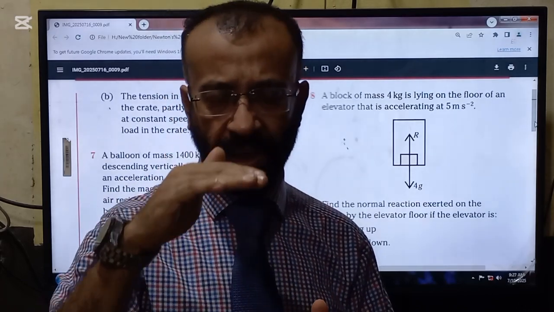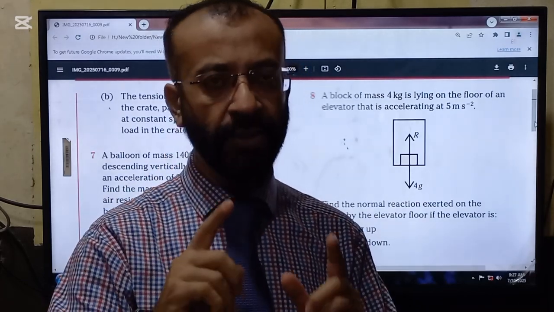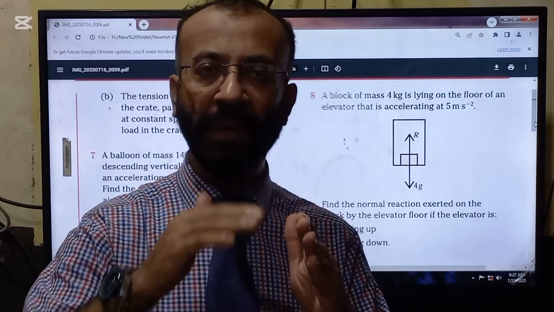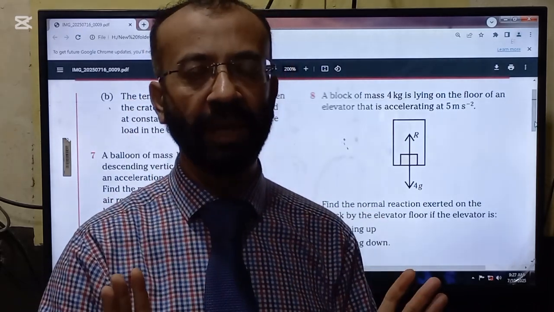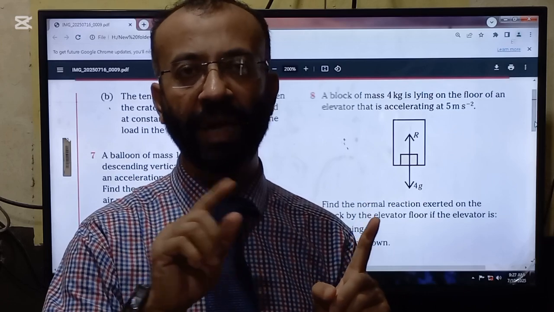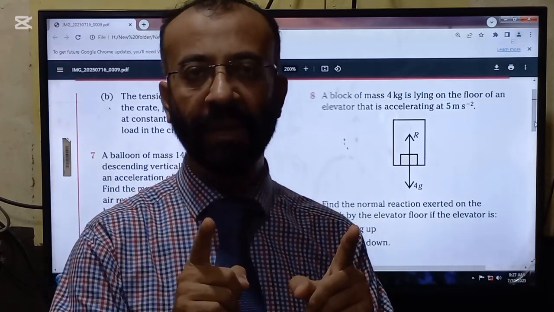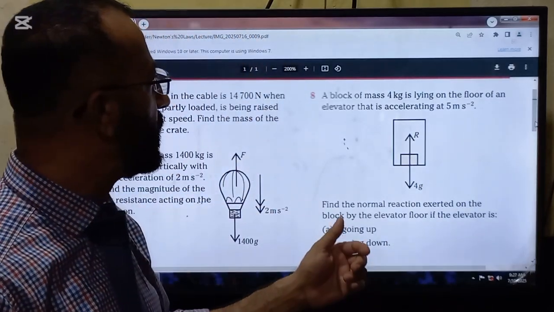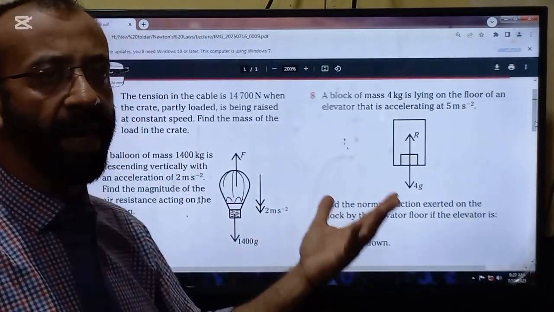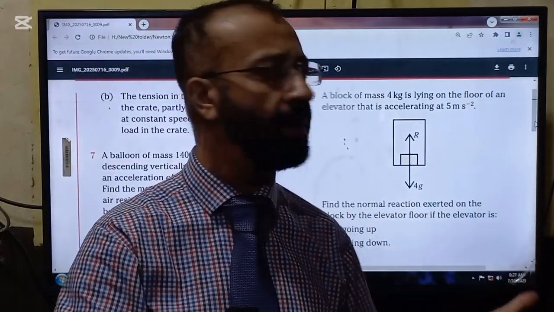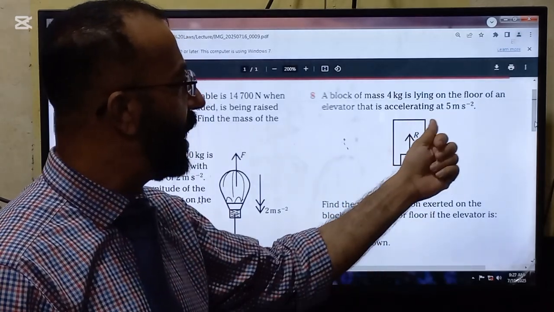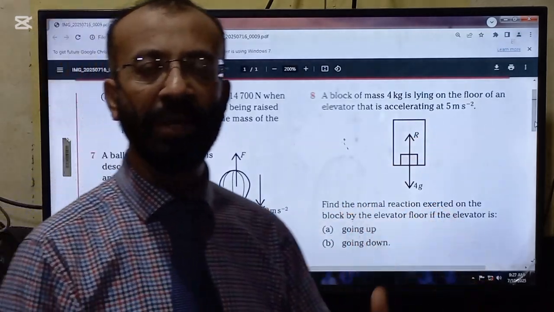If the object is going down, the weight of the block will be greater than the reaction, so this is the resultant force, because the formula used is F equal to ma. Now this resultant force will be applied in place of F, and the mass is given, that is 4 kg. A is given, because this is not free falling, so the acceleration is 5 meter per second square, and that will be used.